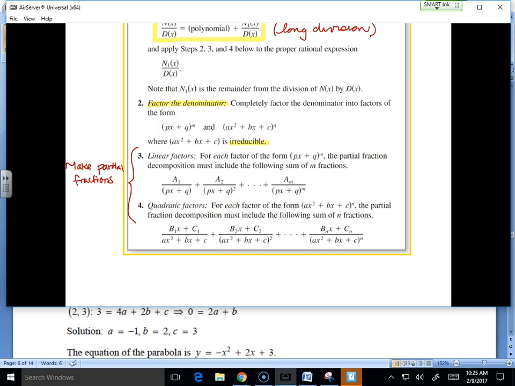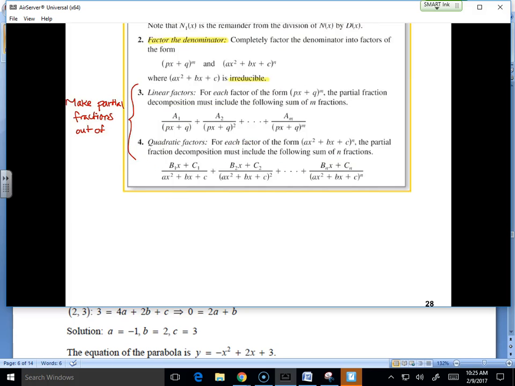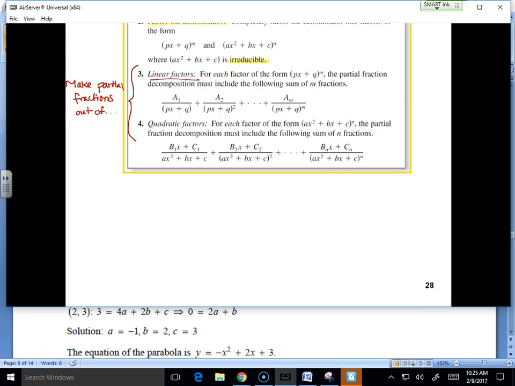Now, you're not going to be able to make the entire thing because we have to solve for it. Make partial fractions out of linear factors, and here's the way to make them out of linear factors, and then quadratic factors, and here's the way to make them out of quadratic factors, okay?